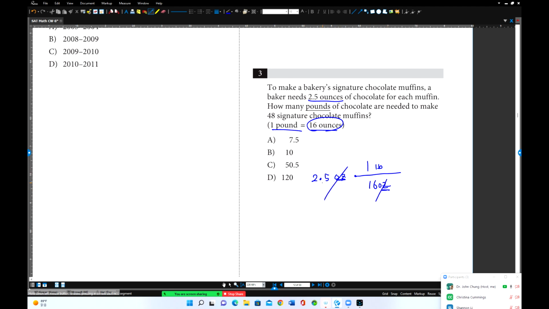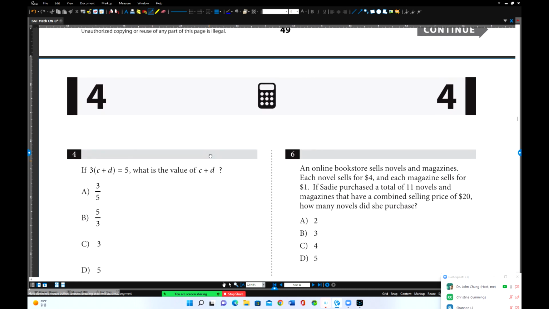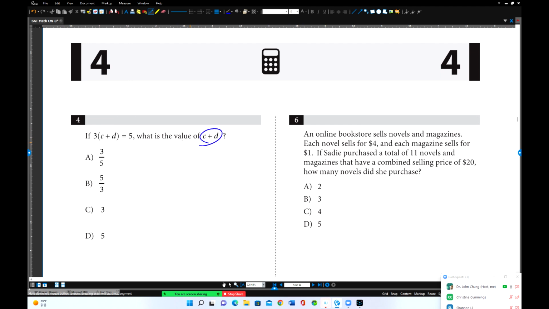So how many pounds? We still have 2.5, but the denominator is just 16. Now this is 1 pound. You have to calculate this one, okay? C plus D up there, just divided by 3, 5 over 3 is the answer, okay?